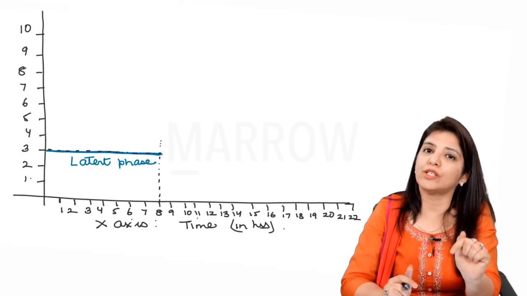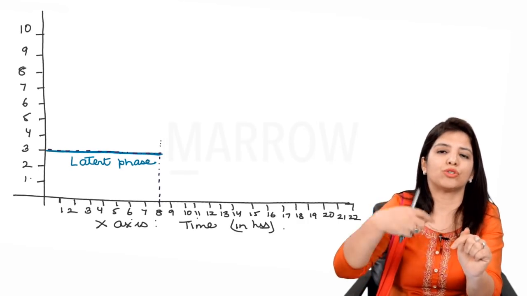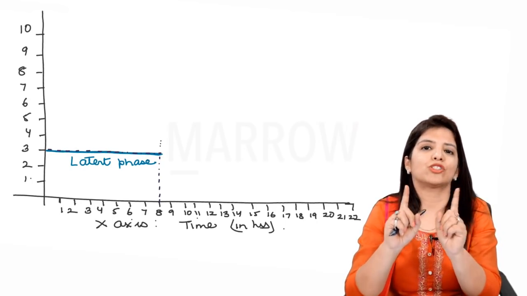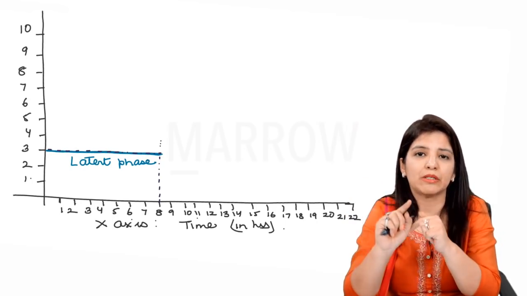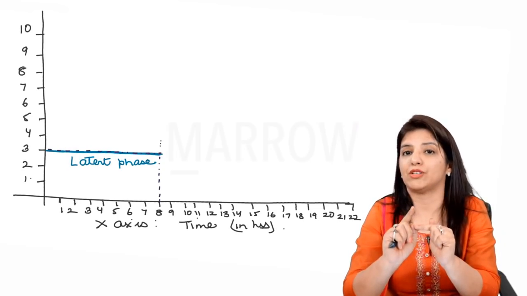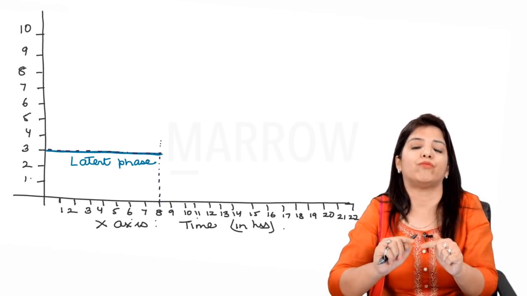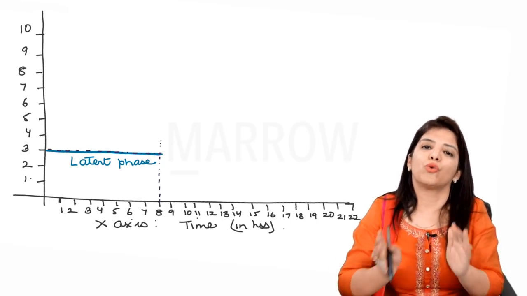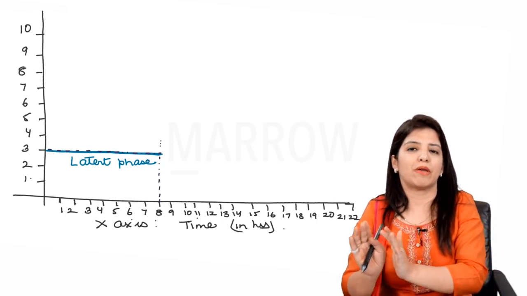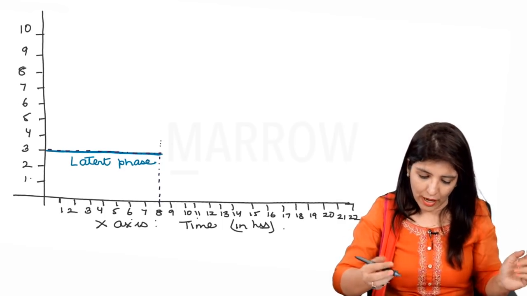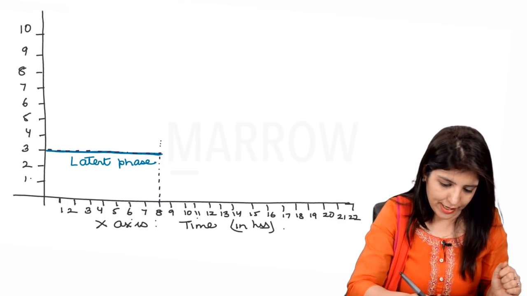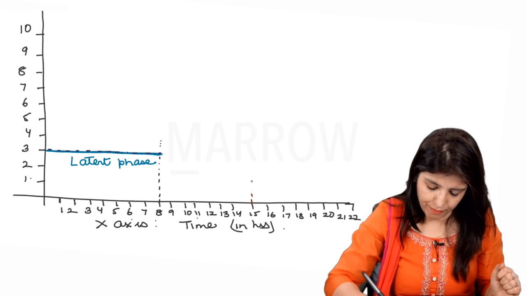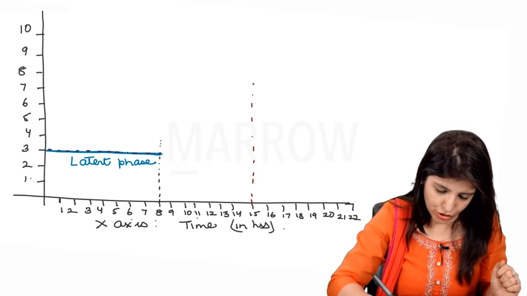So, from 3 centimeters, this patient has to dilate up till 10 centimeters, which means she has to dilate 7 more centimeters. 7 more centimeters means that the maximum time which she can take now is 7 more hours, right? So, 8 hours plus 7 hours makes it 15 hours. So, I am going to draw a dotted line from 15 hours. Have you understood?